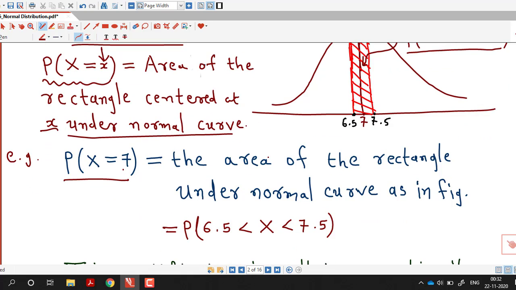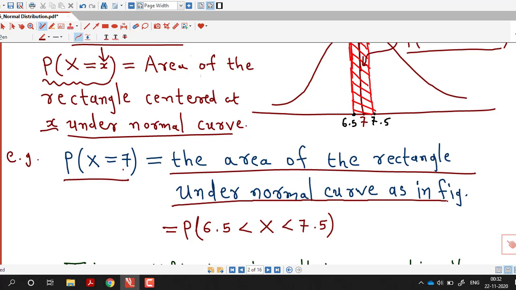So the probability that X = 7 is the area of the rectangle under the normal curve as shown in this figure, and that area is the probability that X lies between 6.5 and 7.5.